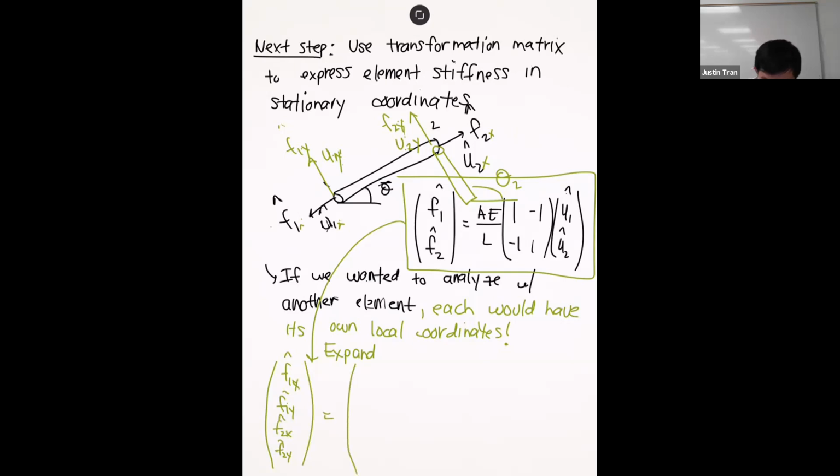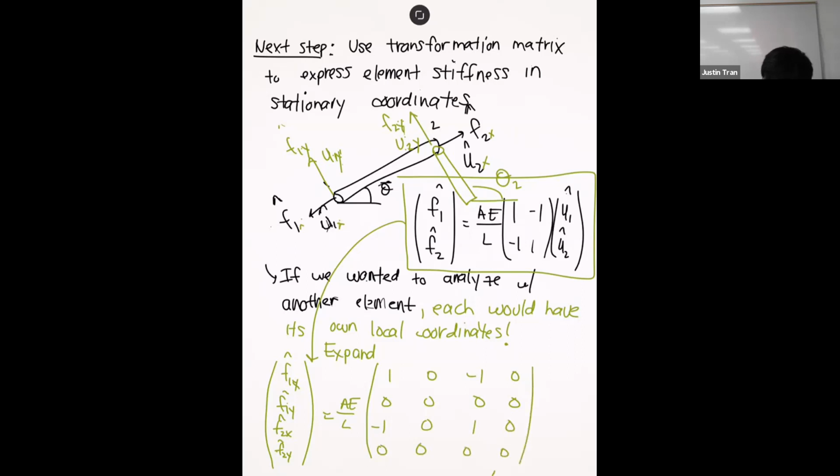This is going to be equal to AE over L times [1, 0, minus 1, 0; 0, 0, 0, 0; minus 1, 0, 1, 0; 0, 0, 0, 0].